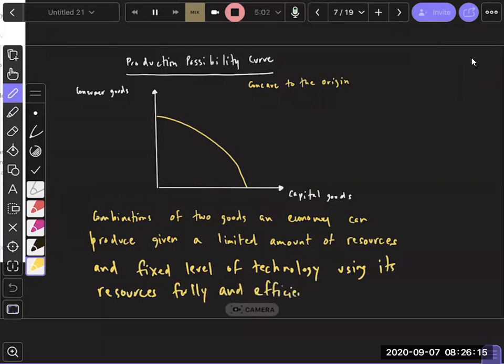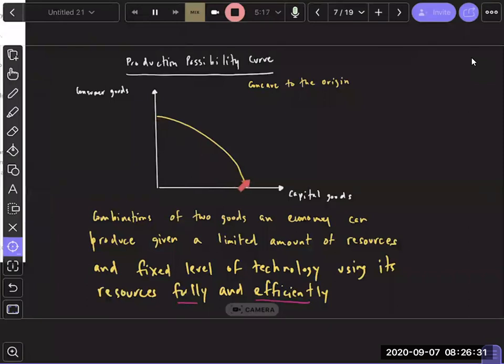If an economy uses its resources fully and efficiently, how much can it produce of two goods? The answer is that they will be on the PPC.